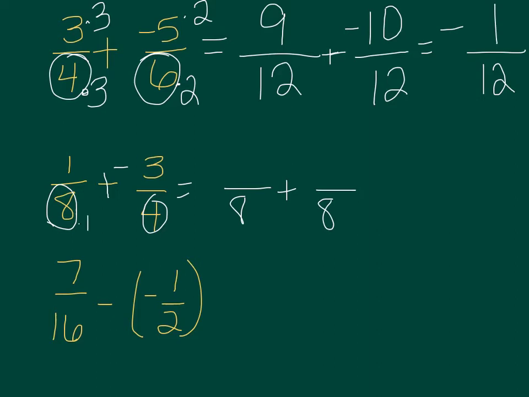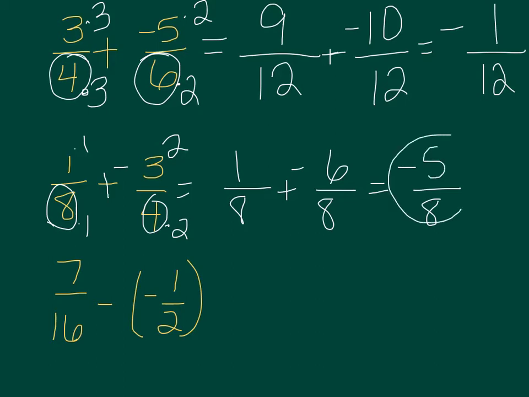So I took 8 times 1, so I'm going to do the same thing. 1 times 1 is 1. This one I had to take 4 times 2 to get 8, so I'm going to take 3 times 2 and get 6, and that's a negative. Right, so 6 is greater than 1, so I know my answer is going to be negative. And 1 plus negative 6 is negative 5, and there's my answer.